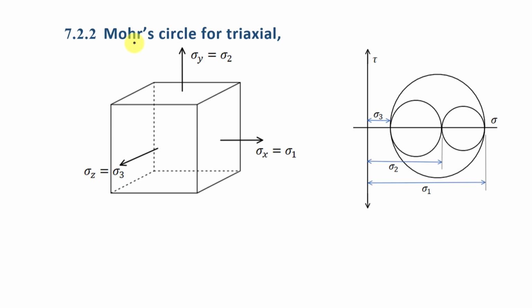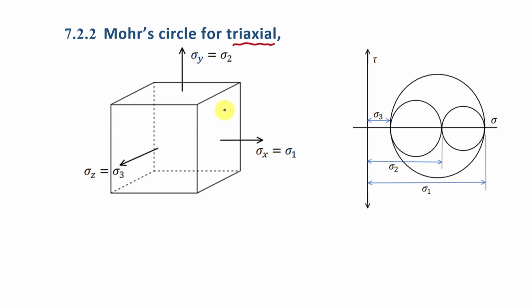Now we are going to discuss the Mohr circle for triaxial loading condition. Here you can see that we have this body on which there is normal stress sigma x in the x direction, normal stress sigma y in the y direction, and normal stress sigma z in the z direction.